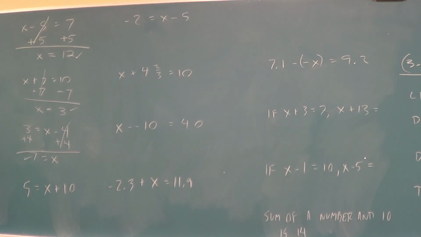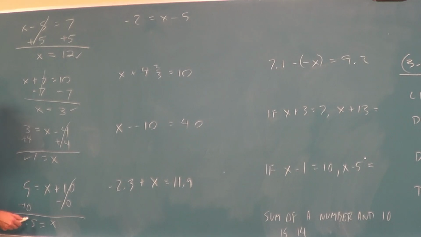How are we going to attack the next one? Subtract 10. Subtract 10 under the 5 and under the 10. We're going to cross out 10 and 10. This side is just left with x. And this is the first one that gets beyond the baby add and subtract rules. 5 minus 10 causes a little bit of problem sometimes.